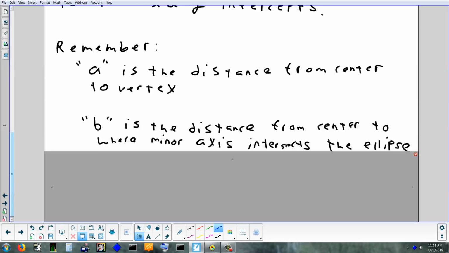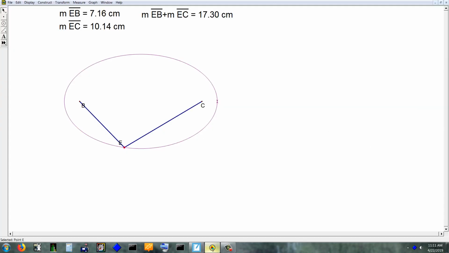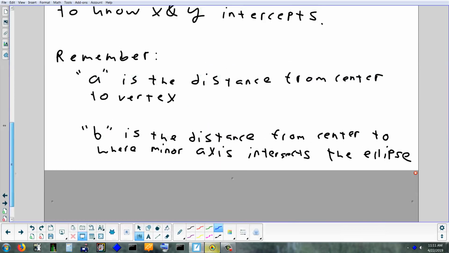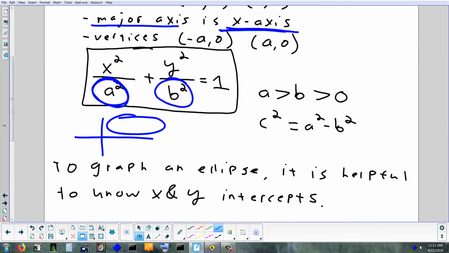B is the distance from the center to where we hit the minor axis. So I said earlier, there's no special name for that point, but B, well, I don't have my axes on that one. Let me just scroll back up. So if I drew an ellipse in right here, major axis, minor axis, that's B right there.